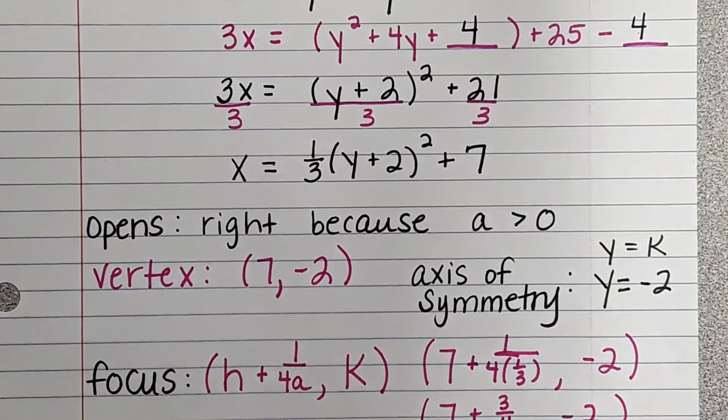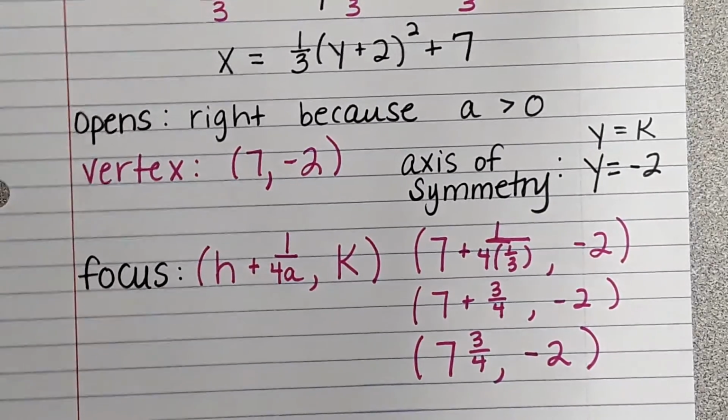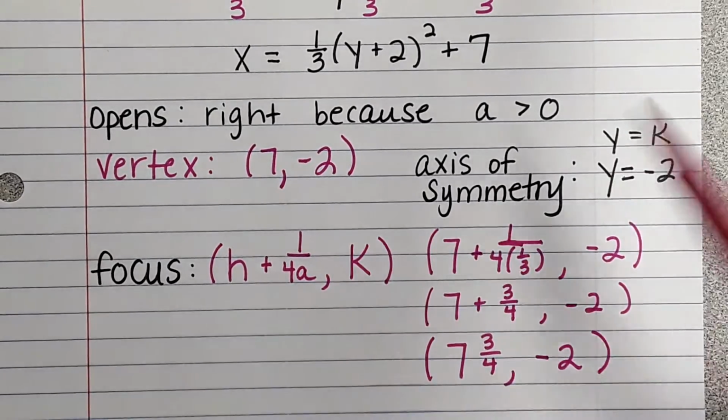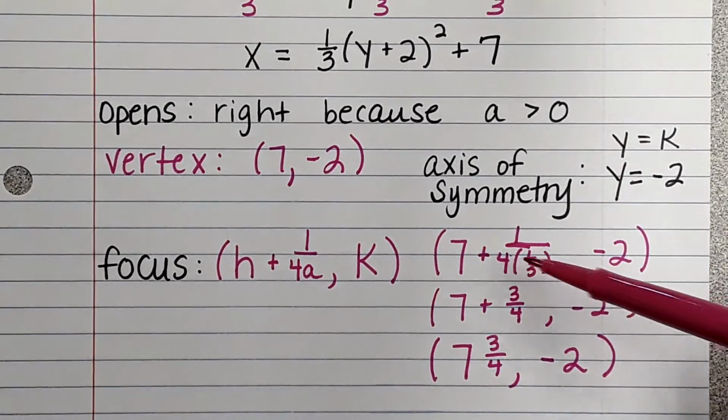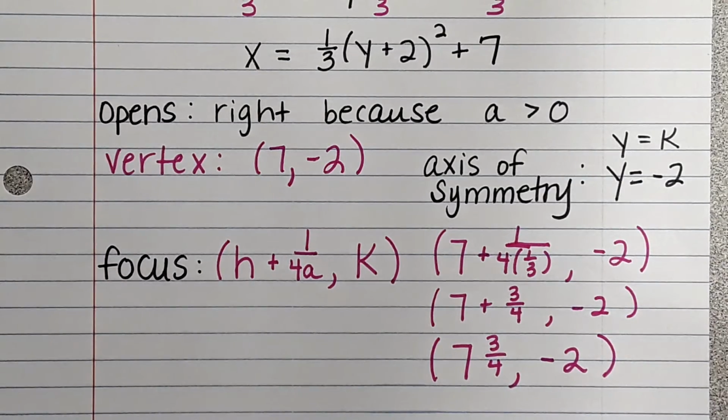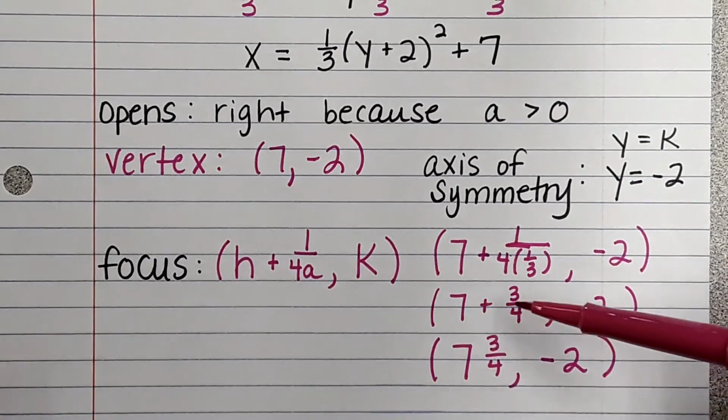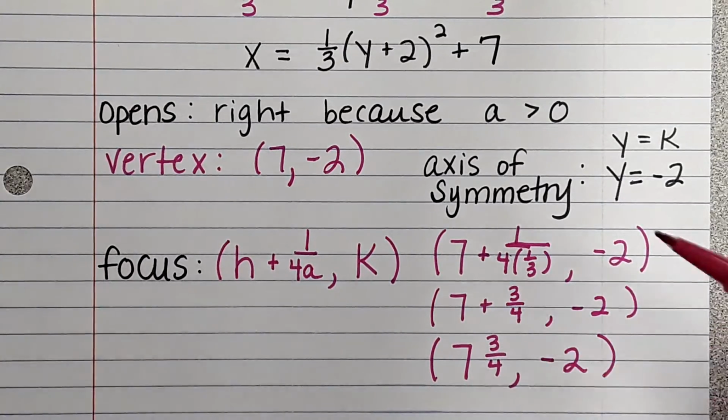So that's my focus, which you guys can't see again. Since it's a 1 in the numerator, I can take that fraction and flip it upside down. And then 7 plus 3/4 is 7 3/4. So this is my focus. Your focus is going to be to the right of your vertex.